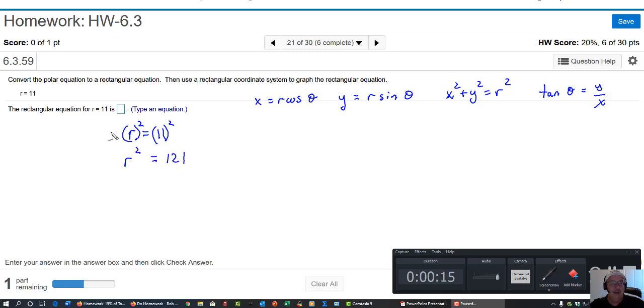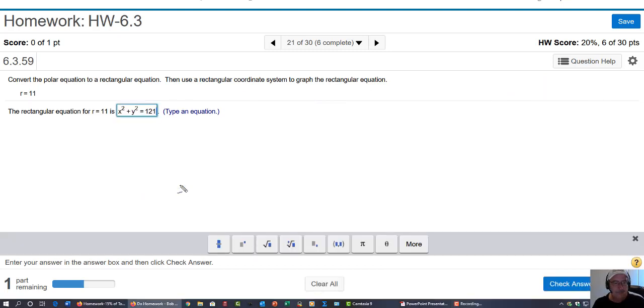And then if you want rectangular out of this, we will take r squared and replace it with, I bet you know what up here, x squared plus y squared equals 121, which looks to me like the equation of a circle with a radius of 11. So we have gone from rectangular equation to polar, and now we're going to go from polar back to rectangular to finish it out.